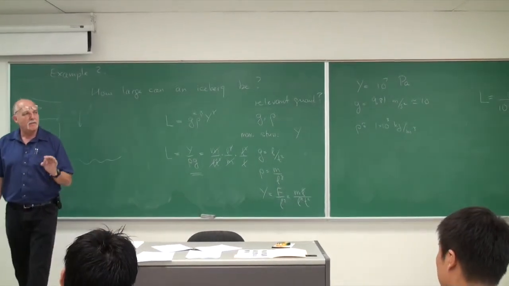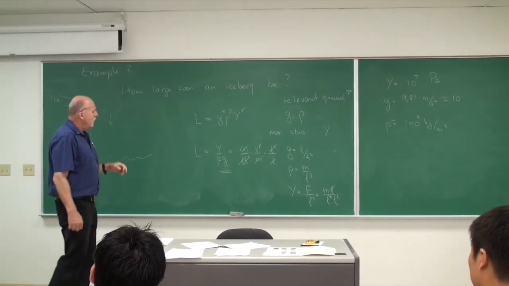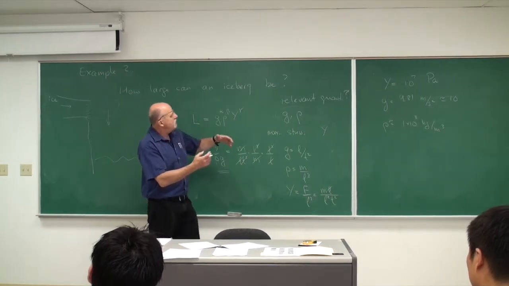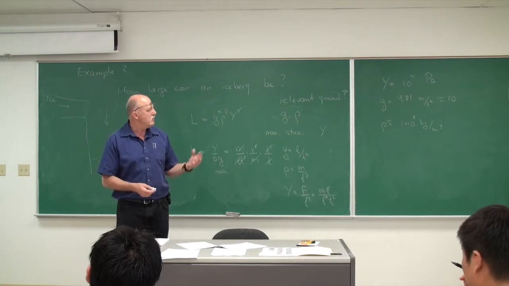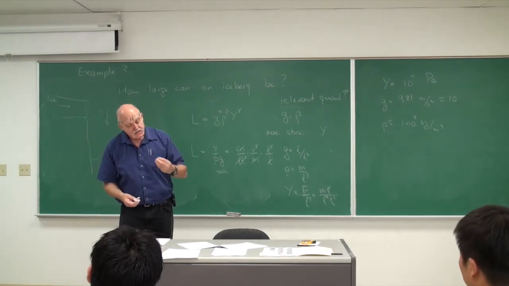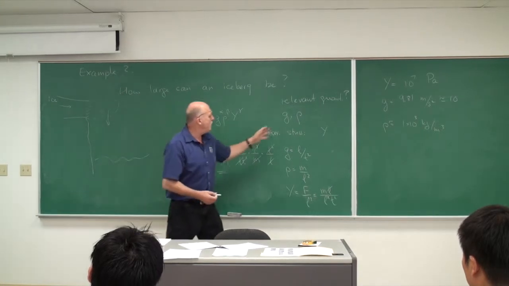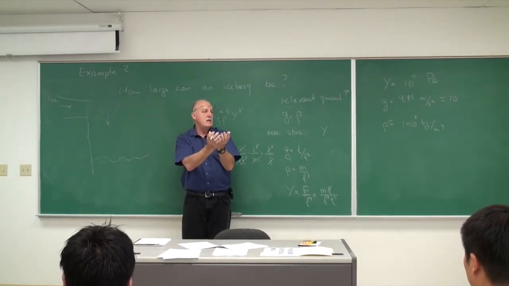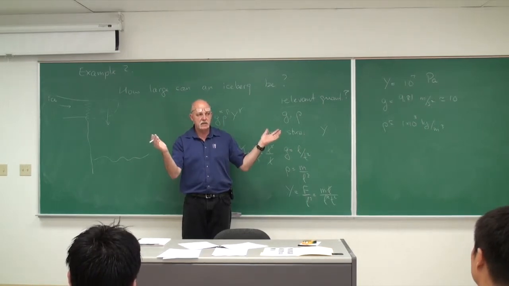But there are a couple of problems that are worth mentioning. Sometimes when you have relevant quantities and you have lots of them, it's possible to form dimensionless quantities. Sometimes you have enough things here that you can group them in such a way that you get something that has no units, all the units cancel out.